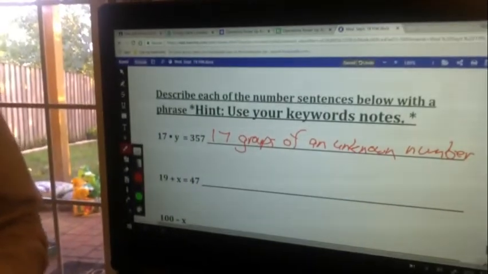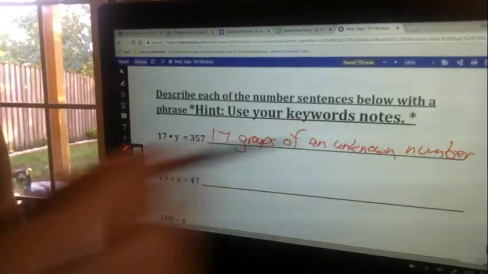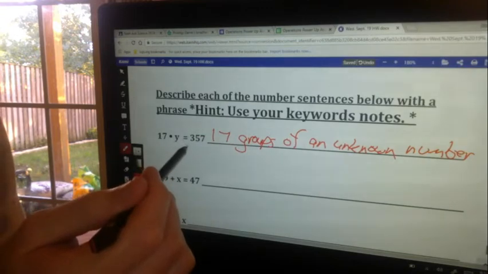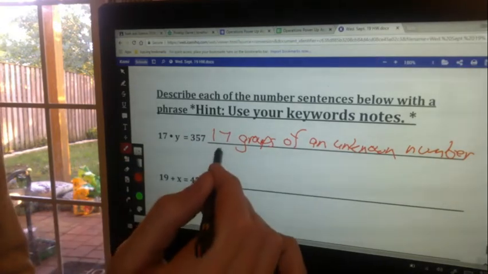Remember, we can also say the words something, or a number, or some number, or one group even said a number in disguise. So we can call that variable a lot of different things, but I'm just going to call it an unknown number here. So 17 groups of an unknown number, and then to finish it off, I'm just going to say equals 357.